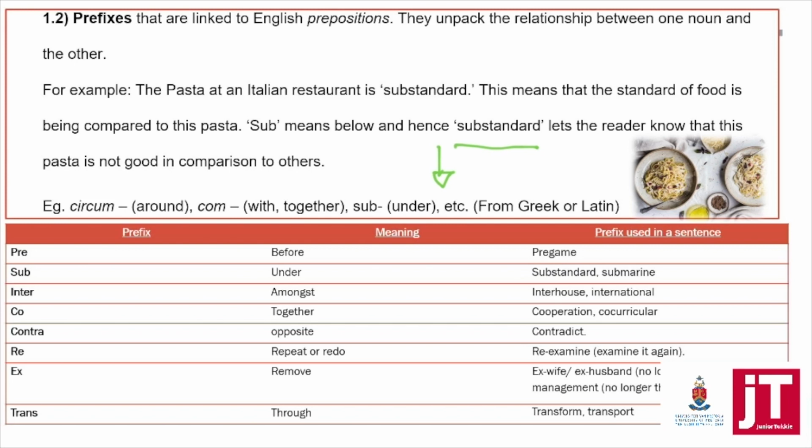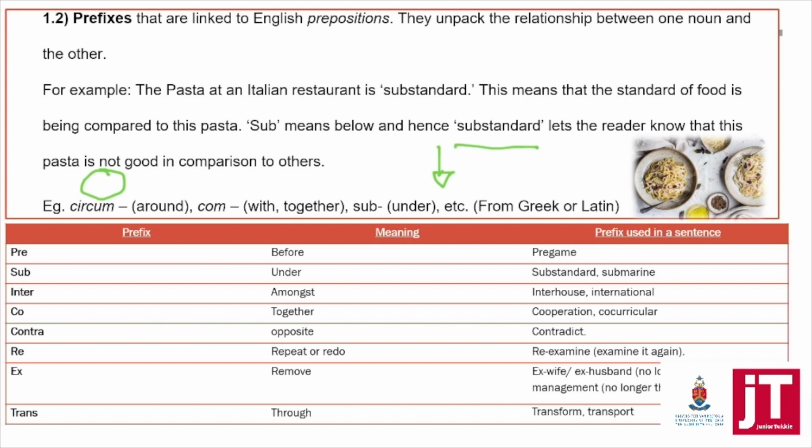Circum, think of a circumference of a circle. That means around. So it's the whole 360 degrees. Com, think of a community, which means that people are together. And if there's a sense of community, it means that there's a sense of togetherness. Sub, again, under, we've unpacked that. And these have Greek or Latin origin. Okay.